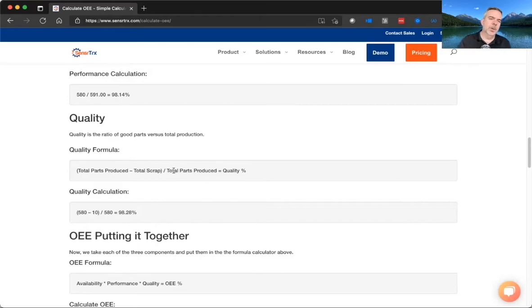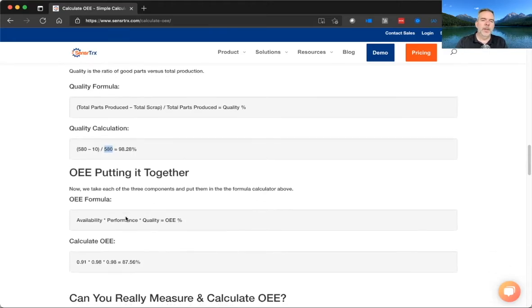So in this case, we made a total of 580 parts, 10 of them were bad, divided by 580, 98.28% quality. Okay, probably the easiest metric to understand out of all of them. And then to get OEE, you multiply the 3 of them together and boom, OEE. So 0.91 times 0.98 times 0.98, 87.56.